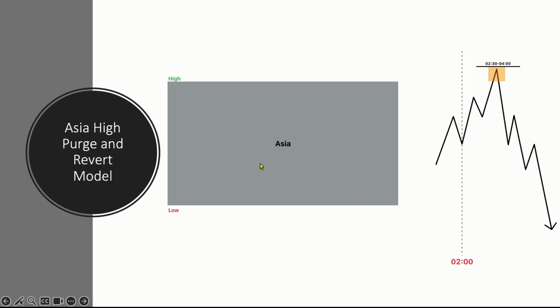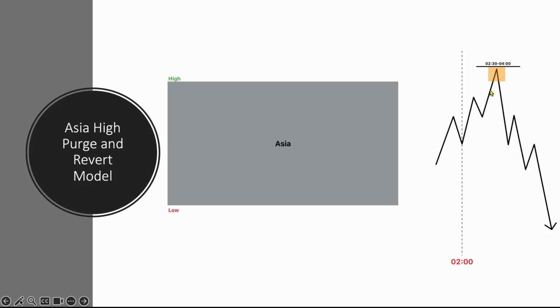When we know that, and we have seen that Asia consolidated, then what we will look for is a run higher around 2 a.m. towards the Asia high, and above the Asia high, we want to see the signatures occur that we have been discussing during the model series.